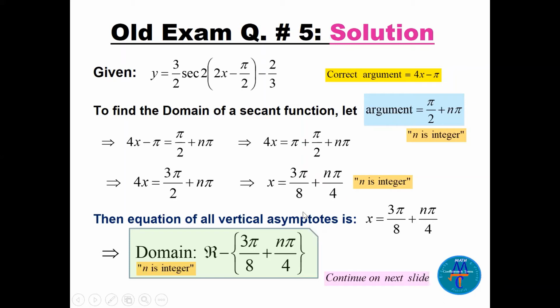So this is the equation of the vertical asymptotes. So what is the domain of this nice function? It will be all real numbers except the vertical asymptotes, 3 pi over 8 plus n pi over 4, where n is an integer. That's the domain.